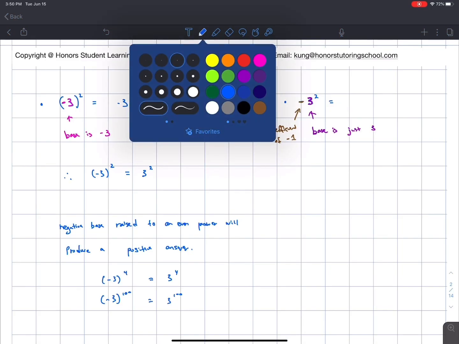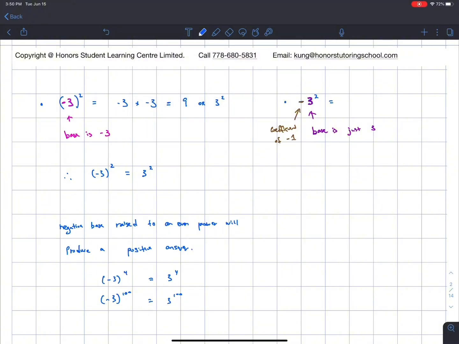So in this case, if we write this in factor form or in product, this will be -3 times 3. So only the 3 is being multiplied by itself twice. The negative is just there in front of the entire expression. So your answer will be -9 or just -3 squared. Right?